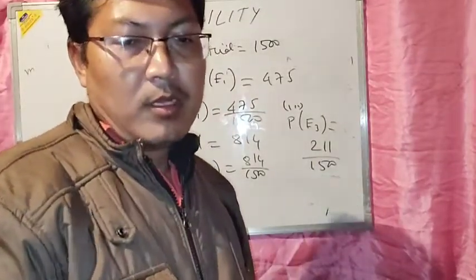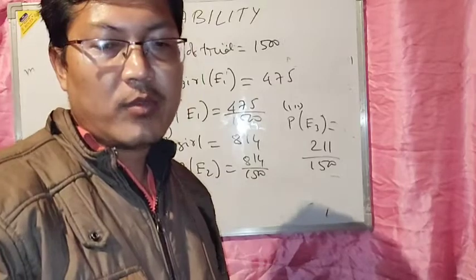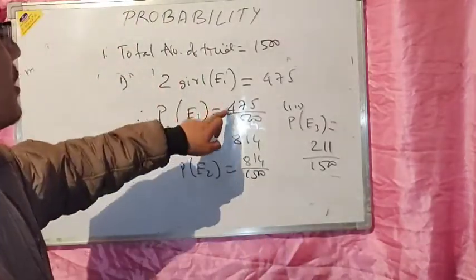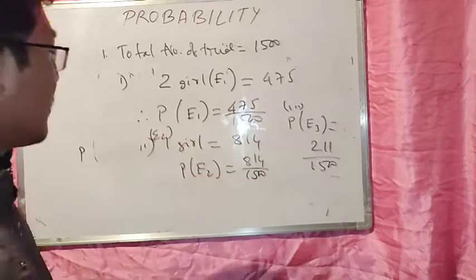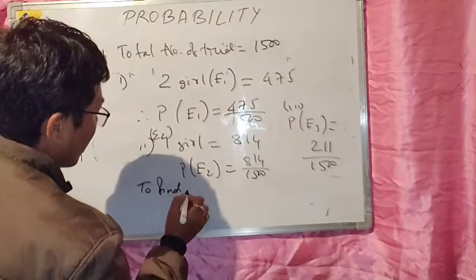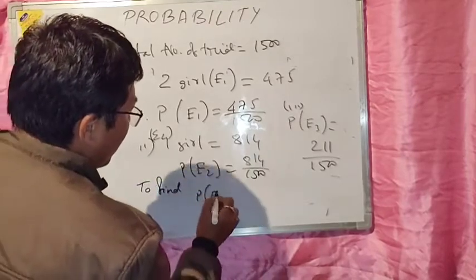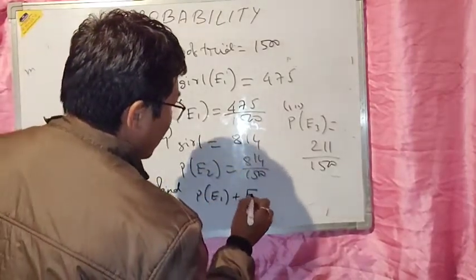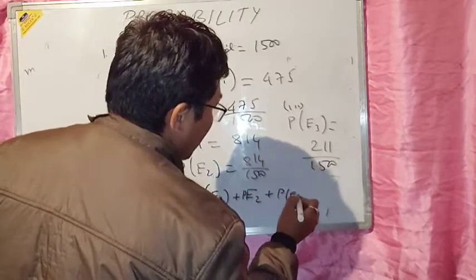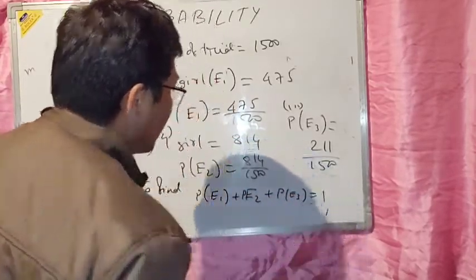Below there is one more question. Also check whether the sum of the probabilities is 1. To verify, P(E1) plus P(E2) plus P(E3) is equal to 1.